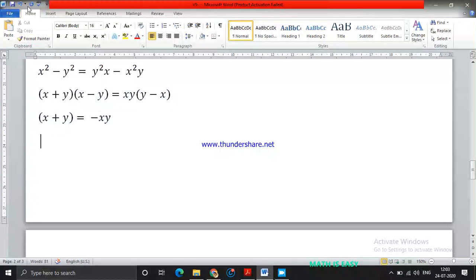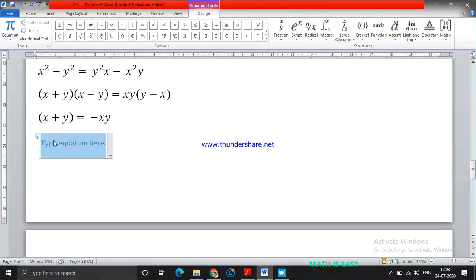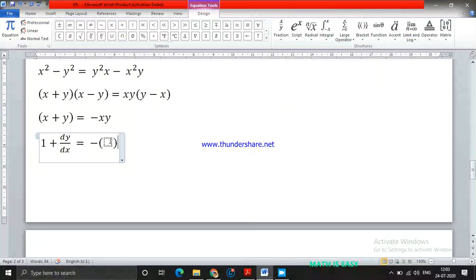Now you do the differentiation with respect to x on both the sides. Derivative of x is 1 plus derivative of y is dy by dx is equals to minus, now derivative of xy. I think for derivative of xy, I have to apply the uv formula.